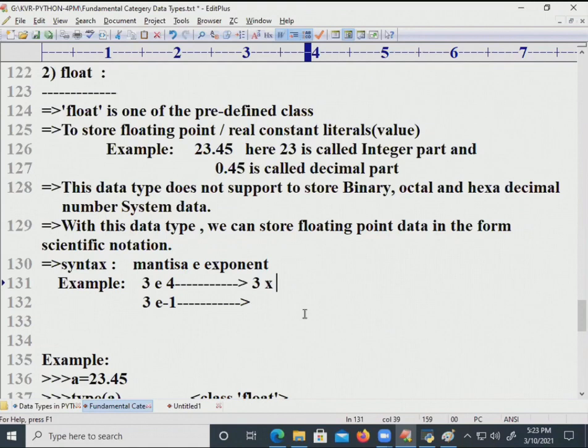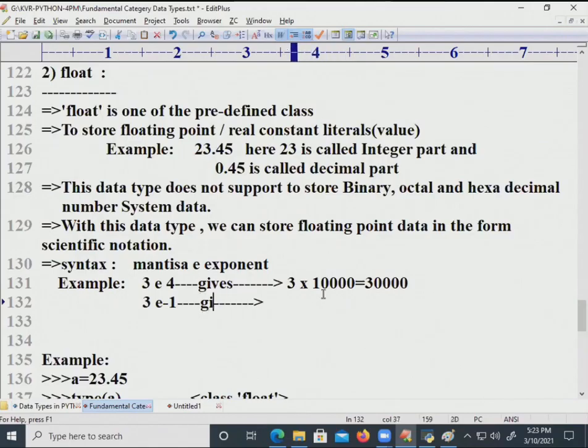Do that mathematical calculation. How much is 10 to the power of 4? 10,000. That will give you 30,000.